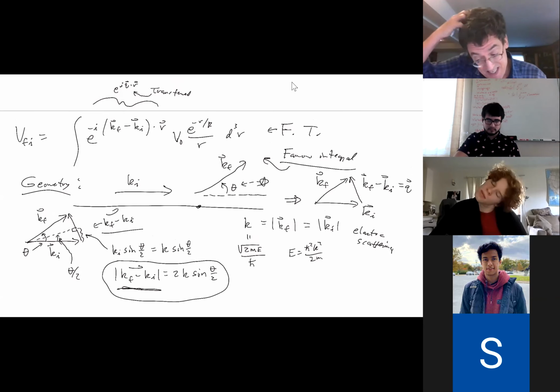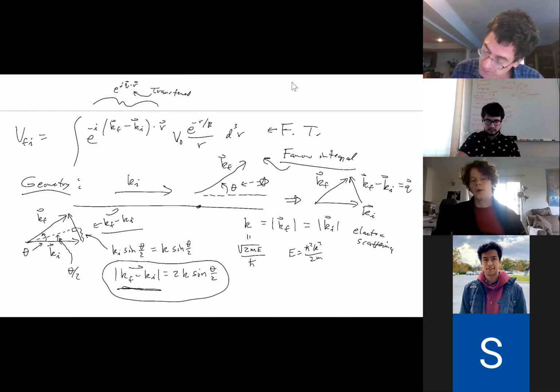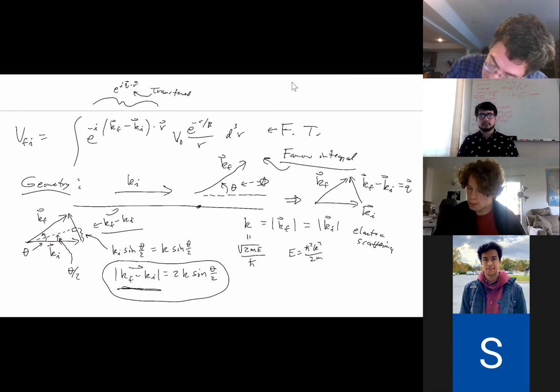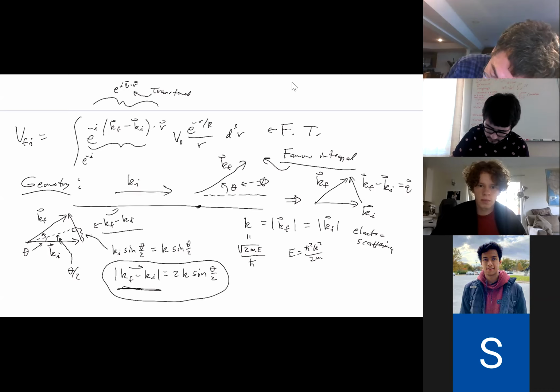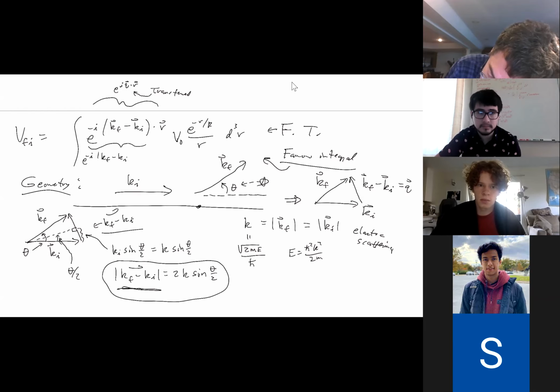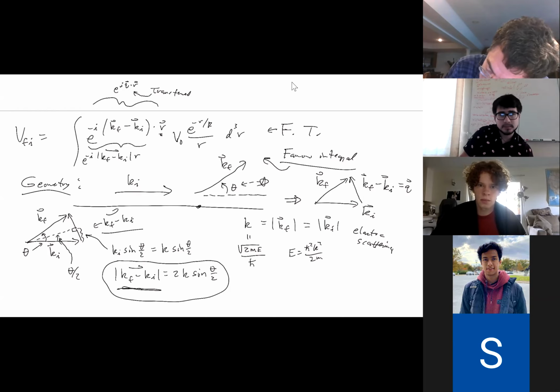Okay, so what that means then is that I can replace in this integral, I can replace this with e to the minus i, the length of kf minus ki times the length of the r vector, which is just r, times the cosine of the angle between them, which I'll call theta prime.